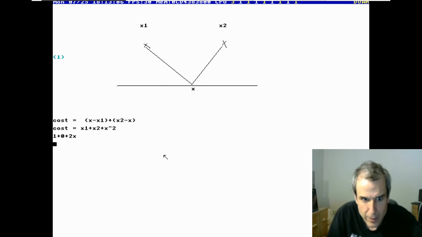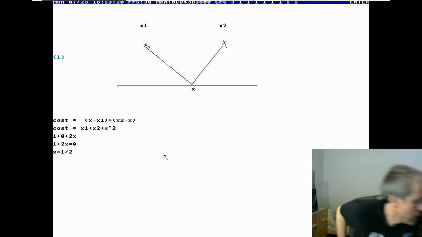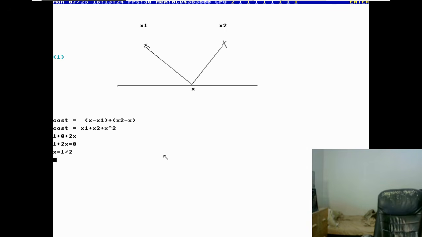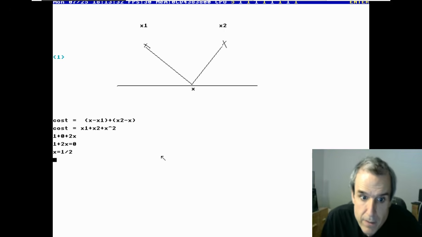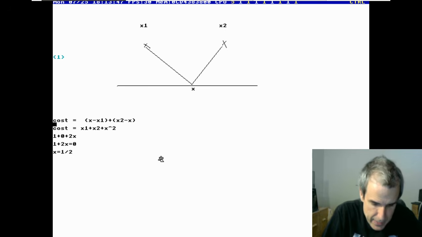Let's say it was 1. And you say 2x minus 1 equals 0. Then you say x equals half. And now you have the critical point, the maximum, minimum, and that's the end. Okay, fine.